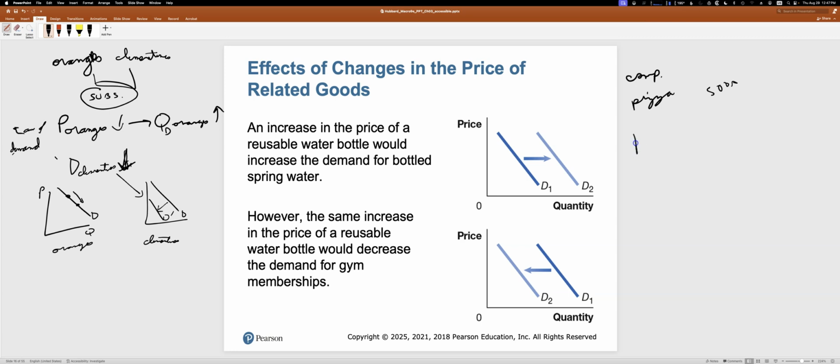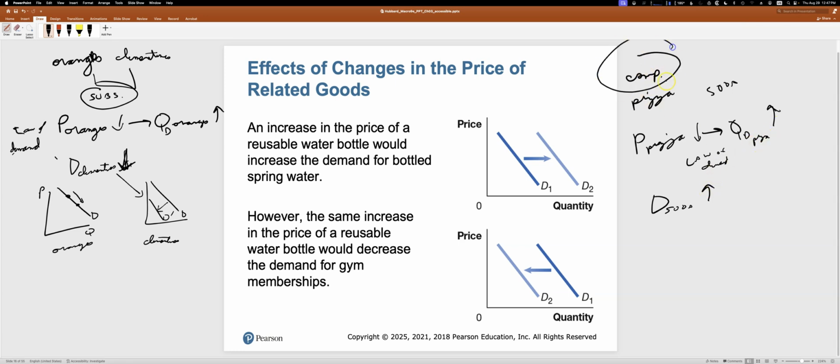Let's say that the price of pizza falls. What do we know with certainty? We know that the quantity demanded of pizza will rise. Again, we know this from the law of demand. But if people are buying more pizzas, what is that going to mean for soda? They're going to buy more of it because they use the two together.